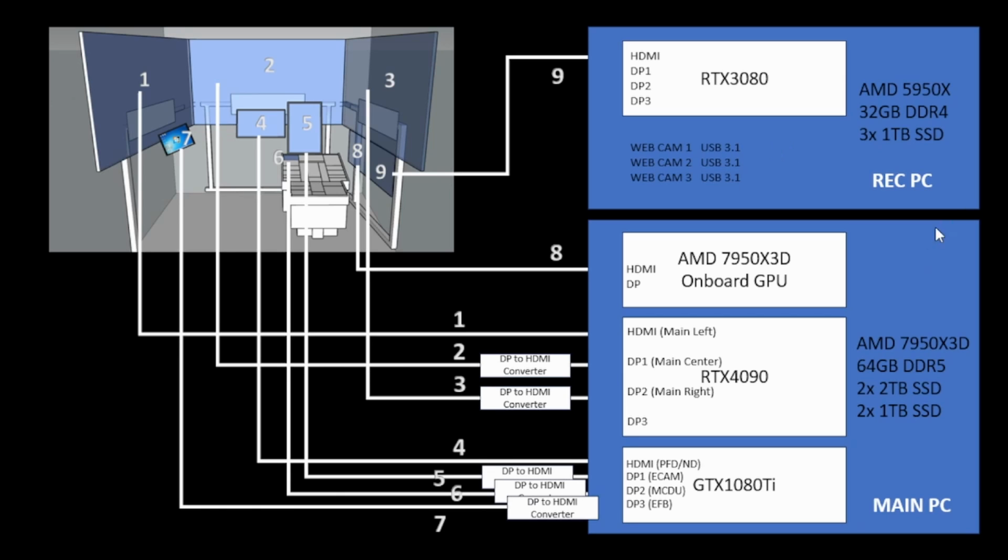Because I'm putting my PCs outside the room, since I don't have any space here anyway, and also it's going to be very noisy because the main PC will be working very hard. I'm putting both of them outside the room, and all the cables here are quite long, almost 5 meters.